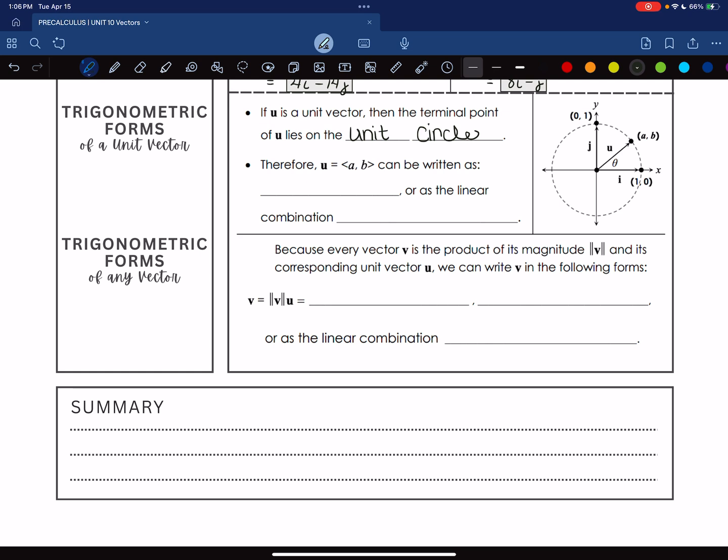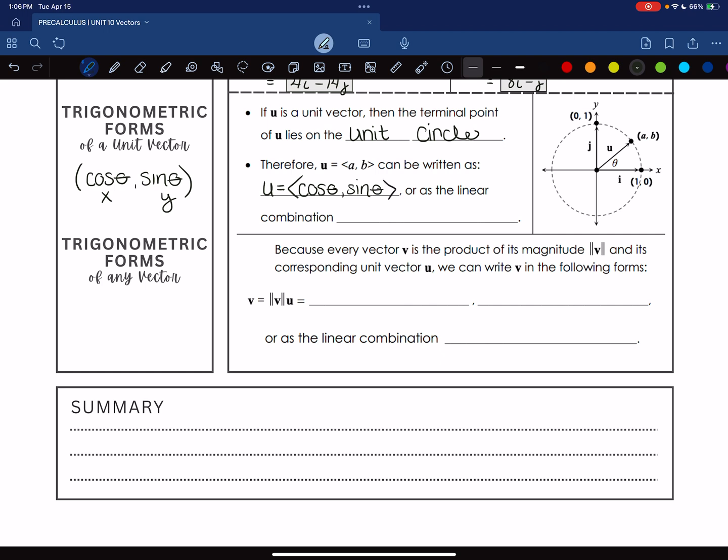So that unit vector u could be rewritten as the x and y, but remember in your unit circle, x is the cosine and sine of theta is the y value, the horizontal and vertical. So our vector u could be rewritten as cosine theta, sine theta.